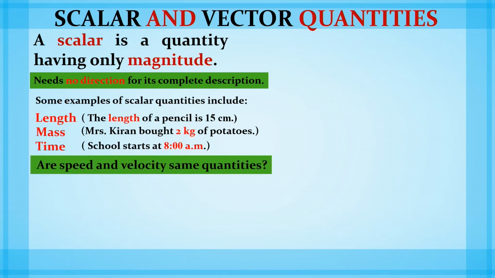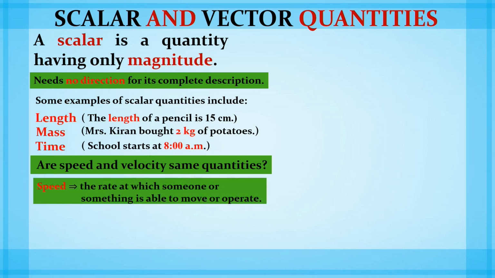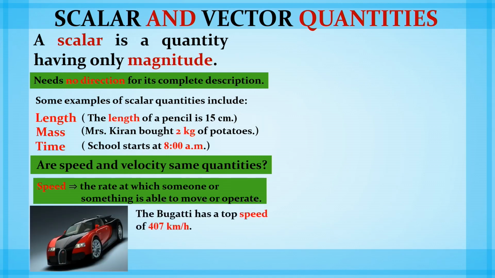Students, are speed and velocity same quantities? Remember, speed implies the rate at which someone or something is able to move or operate. For example, the Bugatti has a top speed of 407 kilometers per hour. Observe, speed is expressed completely by its magnitude only.